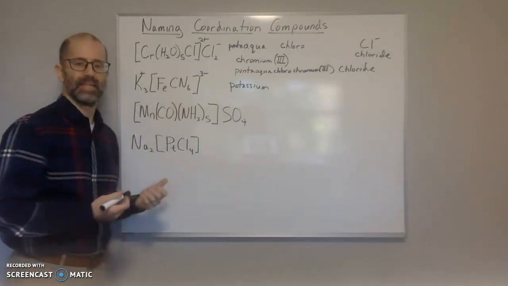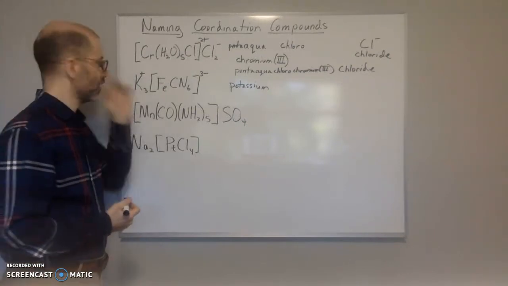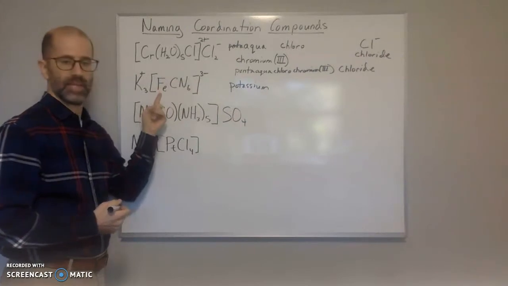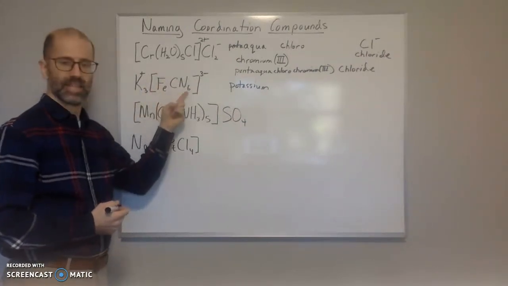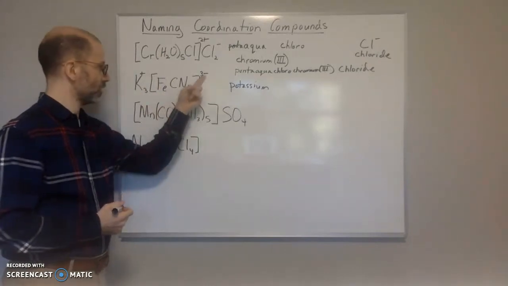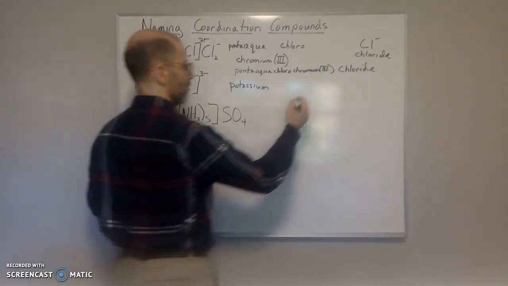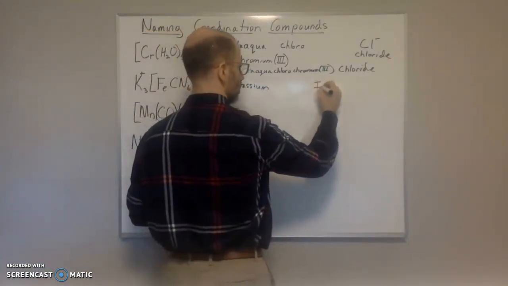So the way we're going to do this is we have here 6 CN. CN is a polyatomic ion with a negative charge on it. The total charge is a -3, so that means that iron has a 3+, because the 3+ and the 6- cancel out to give you 3-. So the iron here is going to have a charge of 3, so we're going to call this iron.